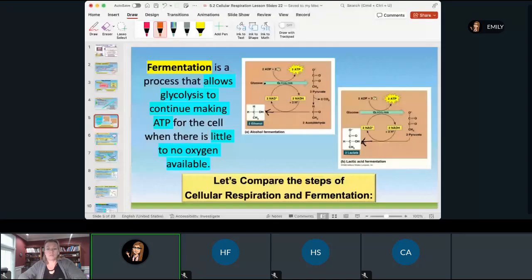And so what fermentation does is it steps in and says, "Hey, let me take care of this pyruvate for you, and glycolysis is going to continue happening." And we're going to break it down step by step. So if that overview is a little bit confusing, it's okay. It won't be by the end of the lesson.